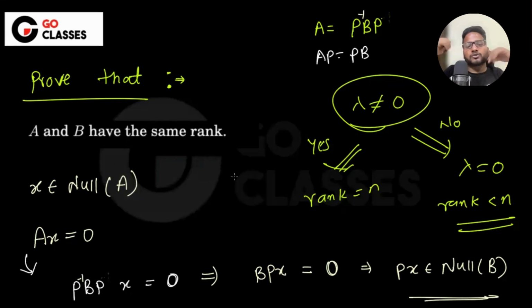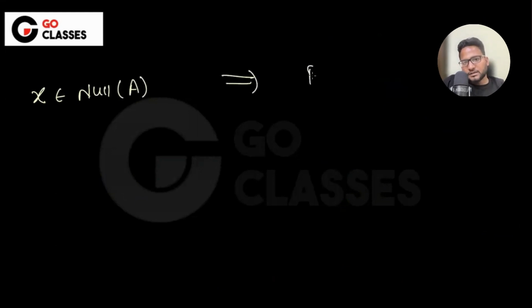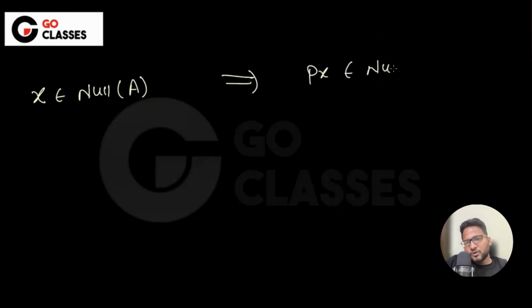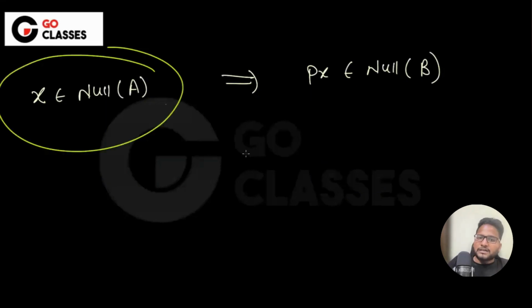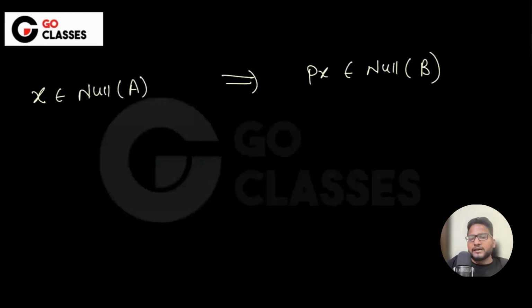Okay. So suppose that X is in the null space of A. Then we have just seen that there is some vector PX that is in the null space of B, right? Now, suppose in this null space there are, let's suppose, only three linearly independent vectors.